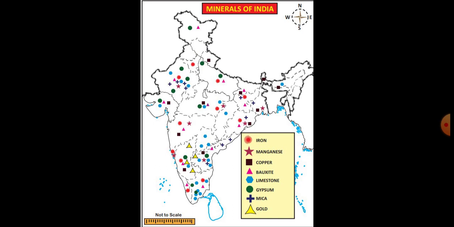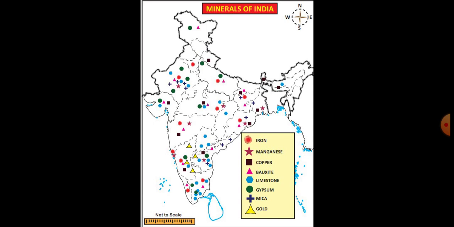Students, just check the map, where the iron ore producing centers are given. You mark that particular area and also write that area's place name. Find it on the India map and write the name as well. Students, did you mark?